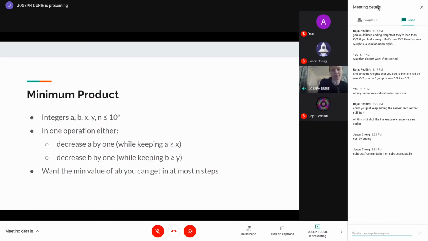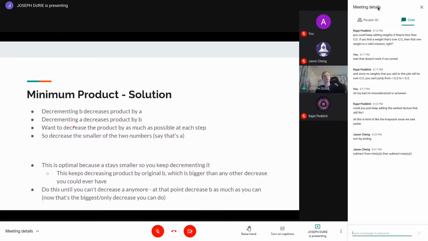Yeah, exactly. So notice that if you decrement B, then that decreases your product by A, right? Because then your product becomes A times B minus 1, which is AB minus A. And decrementing A decreases your product by B. So we want to decrease the product by as much as possible at each step.